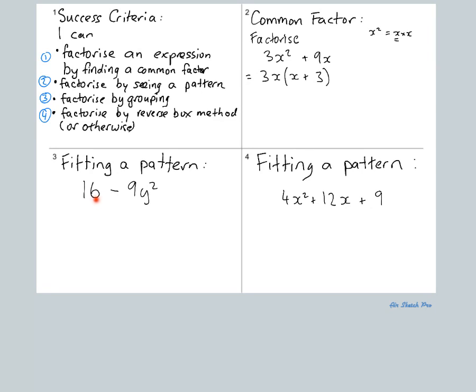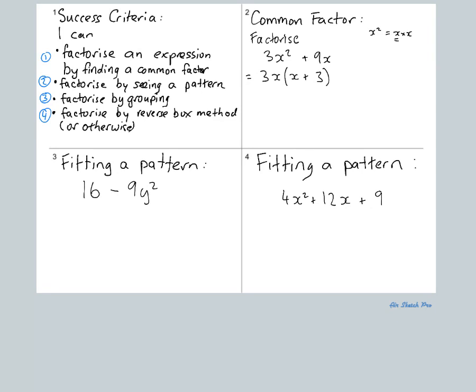And so the pattern would be, can this be written as a square and can this be written as a square? Now, looking at the left-hand side of the board again, all I'm doing is I'm reversing this dots expansion. So I'm asking myself, do I have a squared minus b squared? Because if I do, I could write it as a plus b times a minus b.